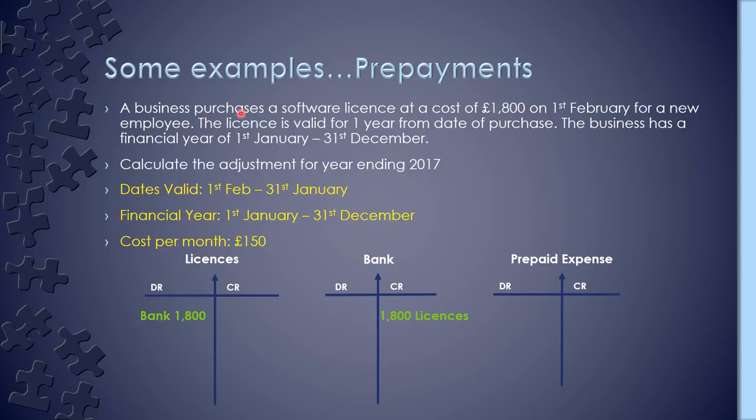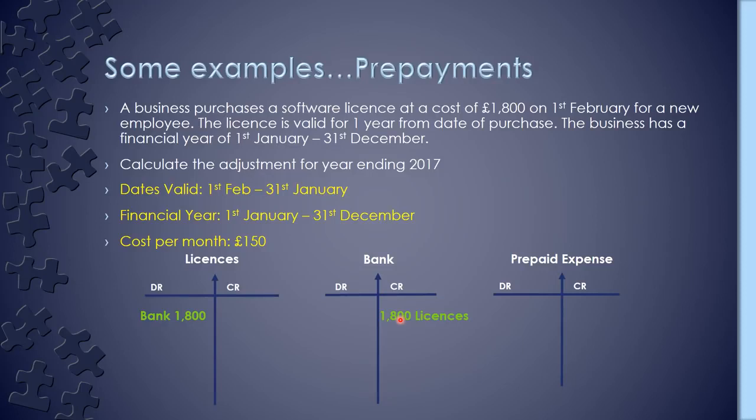So that £1,800 goes on the debit side, and the bank account is going to be an entry on the credit side, because the bank is an asset, but it's not increasing, it's decreasing. So because the asset is decreasing, it's going to sit in the credit side. So you can see straight away you've got your double entry here.